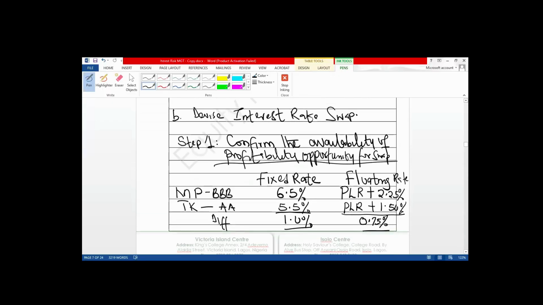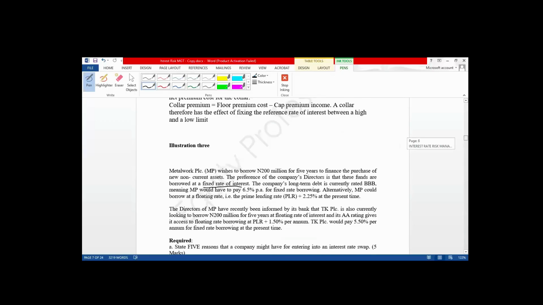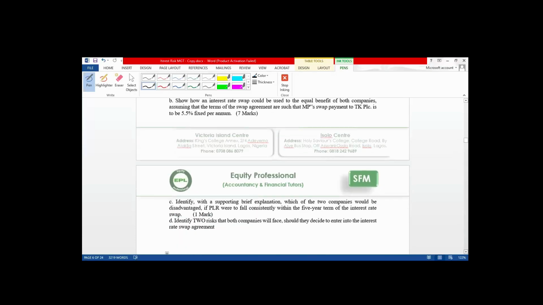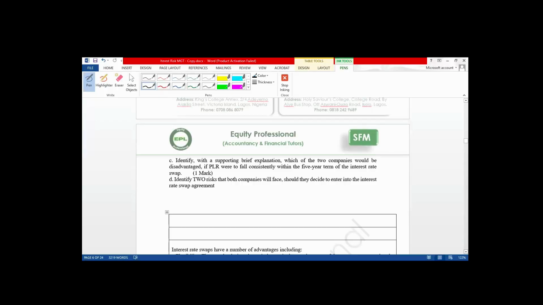You can now look at requirement C. Identify, with a supporting brief explanation, which of the two companies will be disadvantaged if prime lending rates fall consistently within the 5 years term.